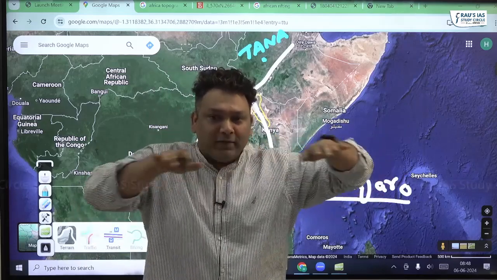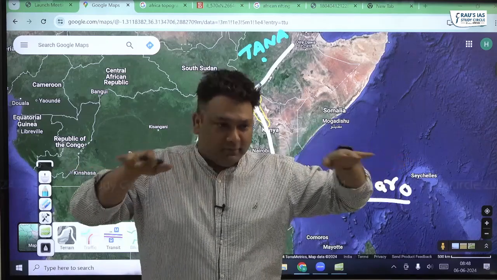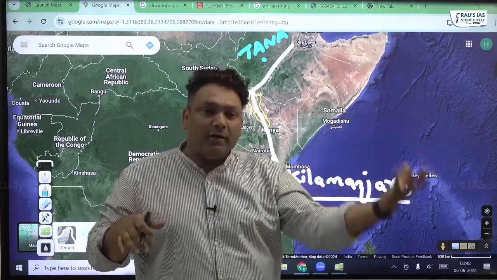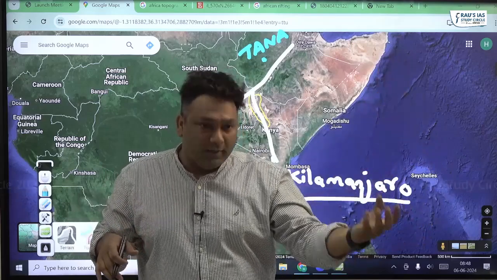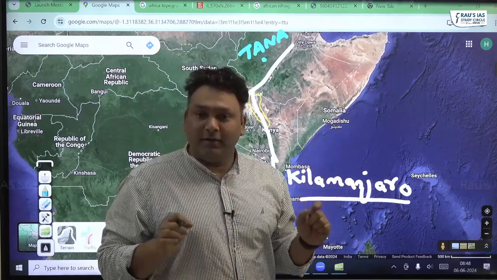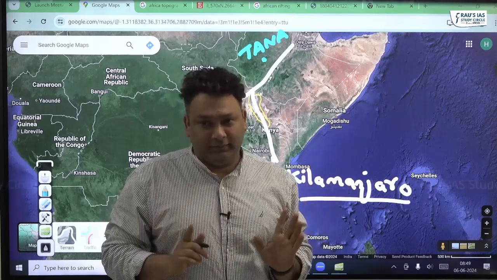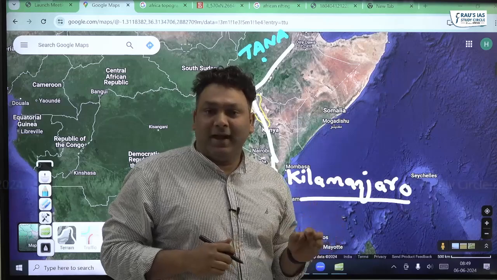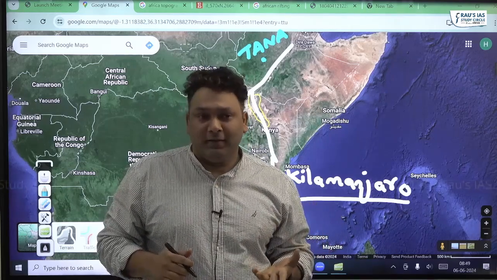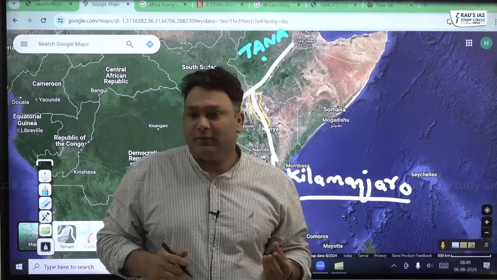Will they have one elevation? No, it will have undulating topography. So in this undulating topography, if water is accumulated, it has formed Lake Tana. You can write this in your own language. I'll not be explaining this. Understand this statement, you can write it, or else you can simply ignore it, like the way you have ignored your life.